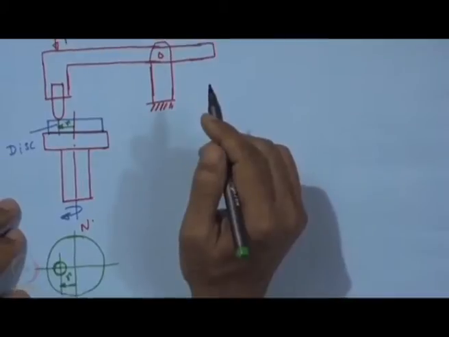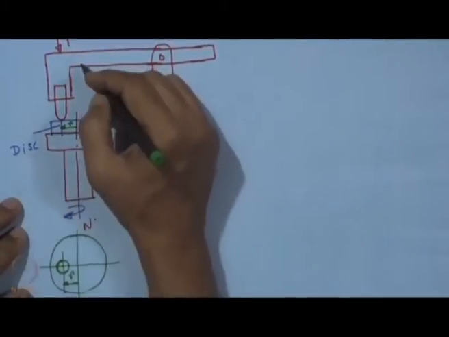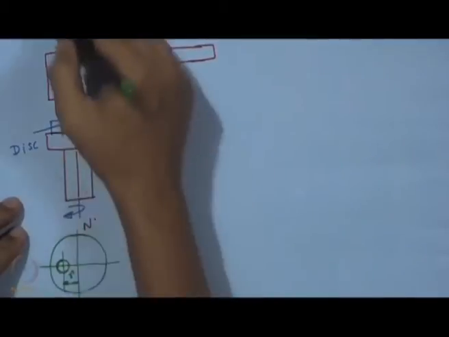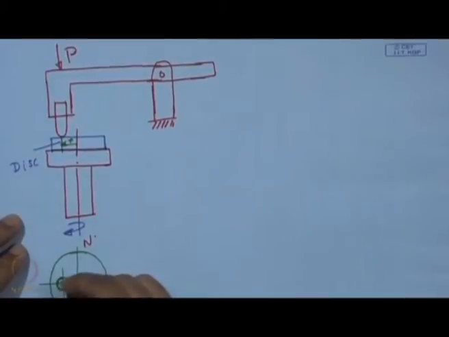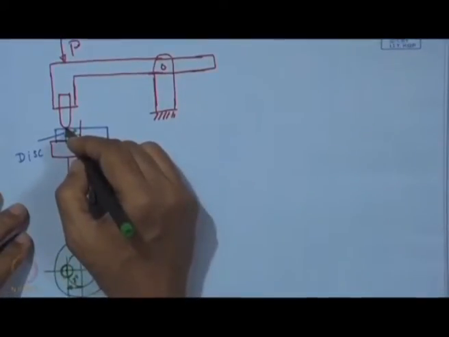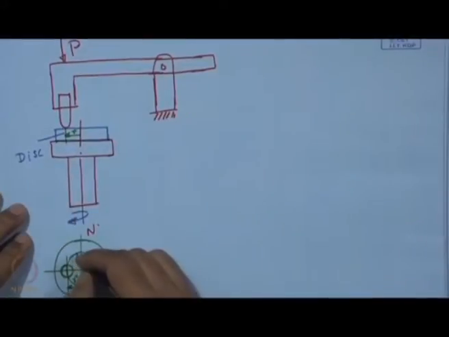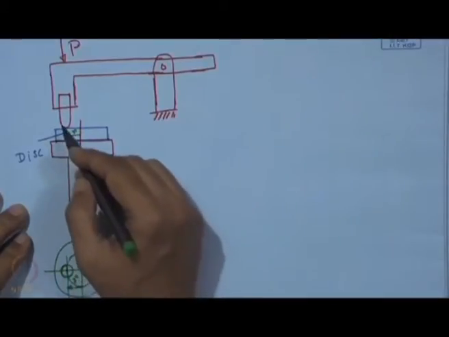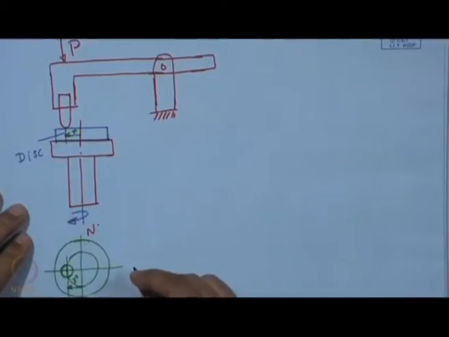This is the normal load, and this is the circle which will be followed by the point of contact between the pin and the disc, which is submitted to sliding. Ultimately a wear track will generate on this surface.